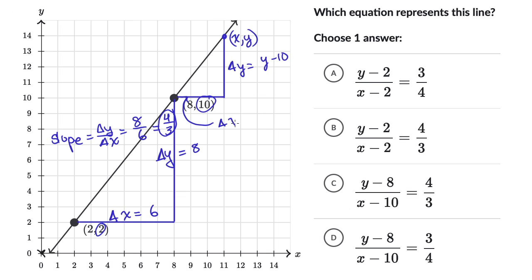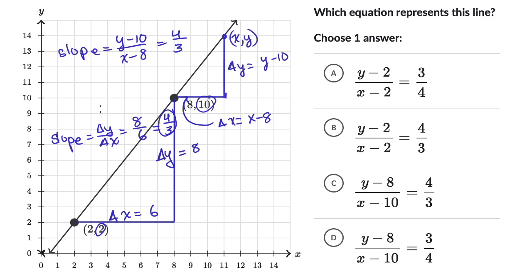Our change in x is going to be equal to this x, whatever this value is, minus 8. So here the slope is going to be y minus 10 over x minus 8. And we know that has to equal 4/3 because we just calculated the slope of this line.